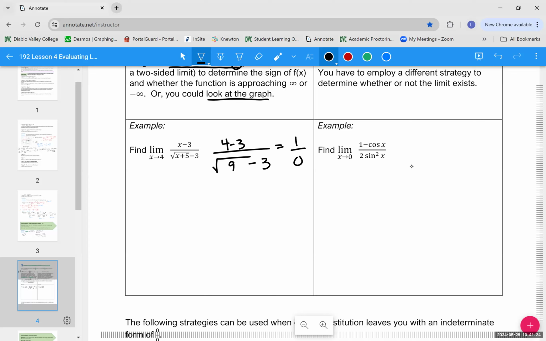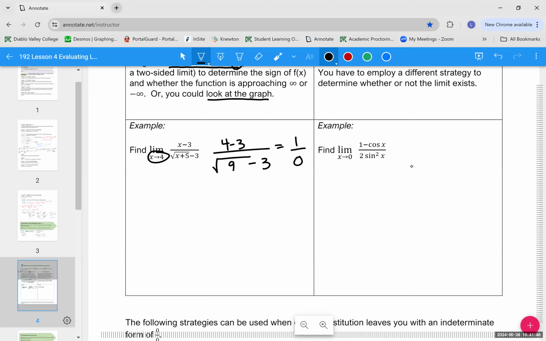Okay, so here is that situation. It's a number over 0, so I know this is going to be an infinite limit. The question is, is it going to positive infinity or negative infinity? This is a two-sided limit, so I need to look at both sides of 4.